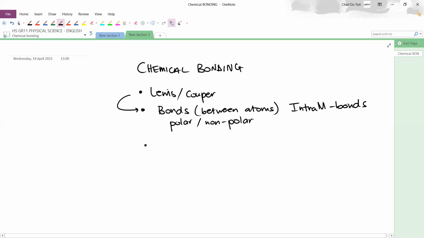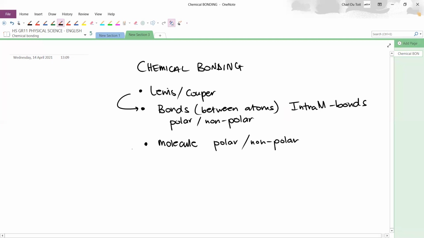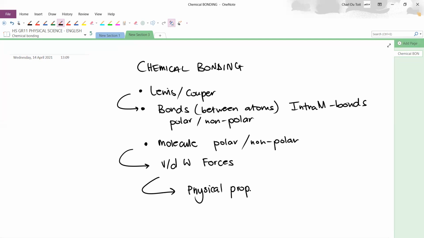And then the next thing, we're going to look at the molecule. If the molecule is polar or non-polar. And then we're going to look at the van der Waals forces. And this is going to determine our physical properties, like boiling point, vapor pressure, viscosity, etc. So we're just going to run through the chapter again.